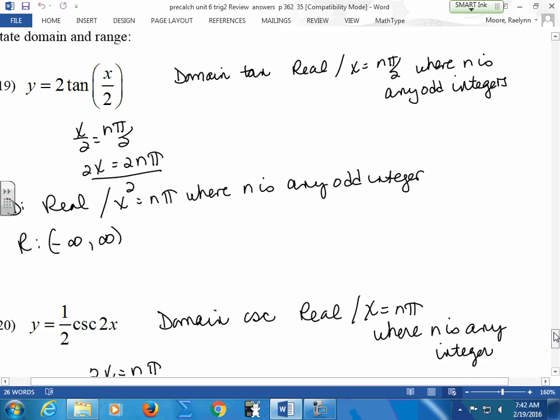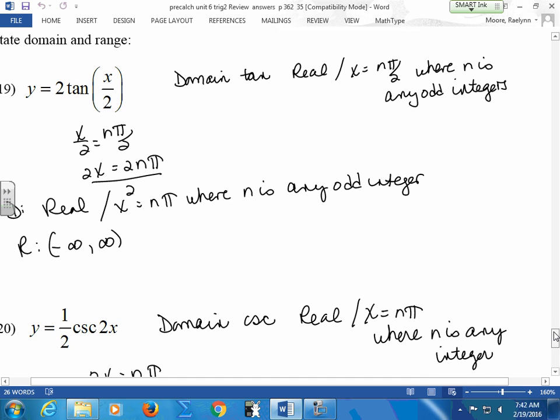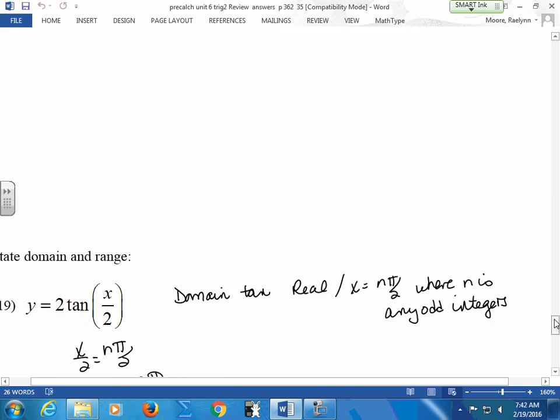And a tangent? Did I give you these? State the domains and the range? This one, can we go back to this? Yep. Did I miss this?